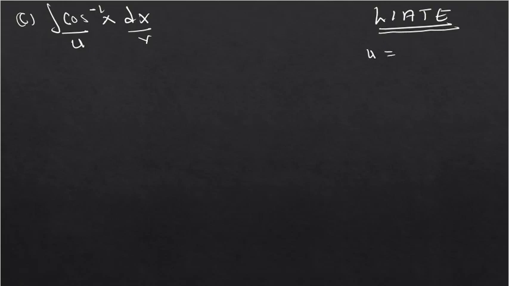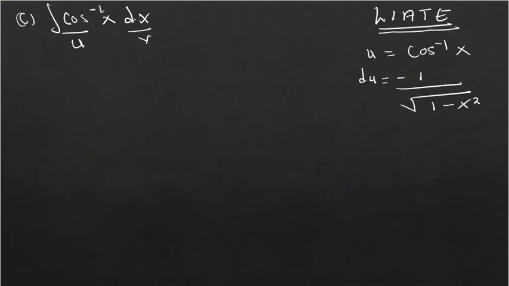Notice that u is equal to cosine inverse of x, du is going to equal negative 1 over root of 1 minus x power 2 dx. Our dv is dx, so if I integrate this, my v is going to be x.